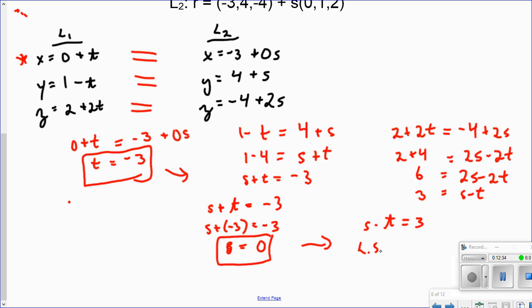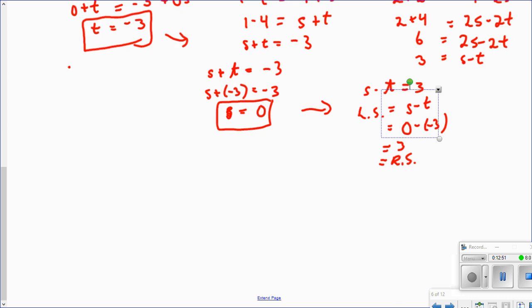Left side, s minus t: 0 minus negative 3 equals 3, equals the right side. So the solution to my system, verified and checked in my last equation, is when s equals 0 or when t equals negative 3.